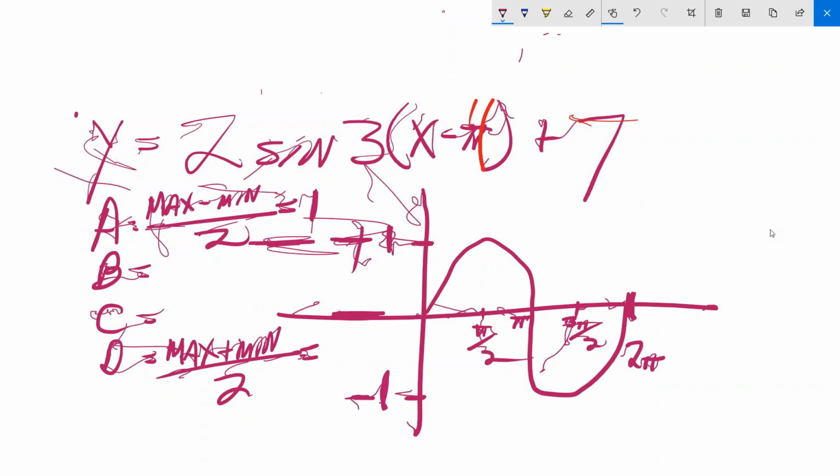Here's the max, there's the min. That's what I mean by the max and the min of the sine wave. So what's the max plus the min divided by 2? 0.